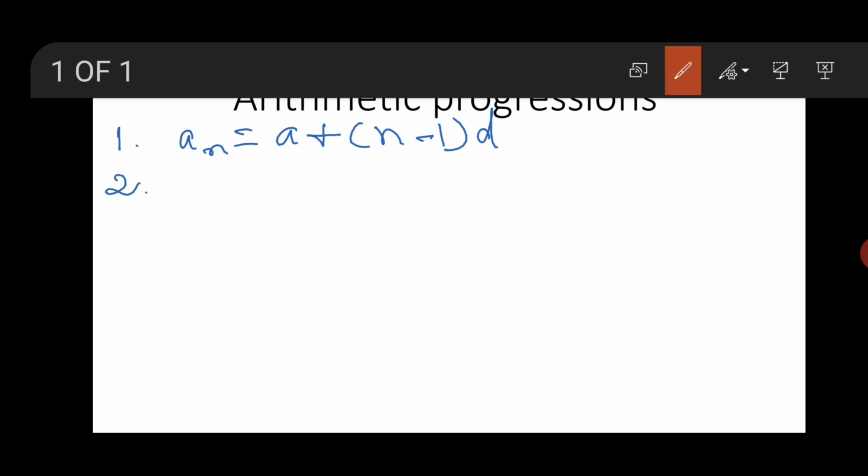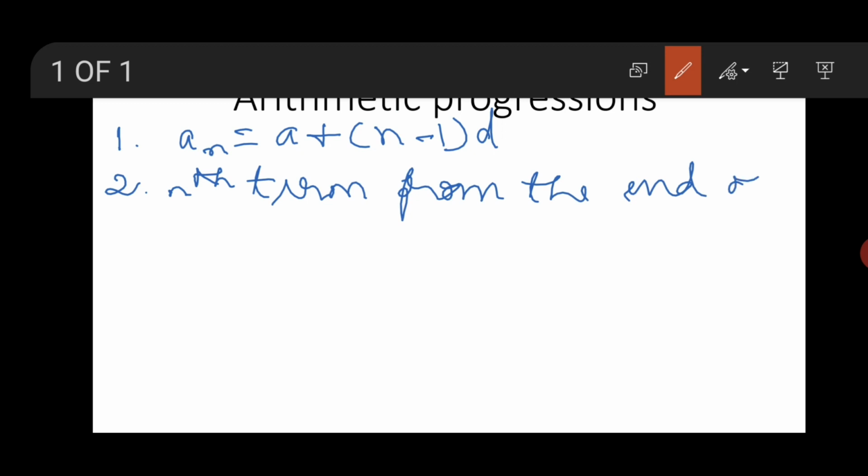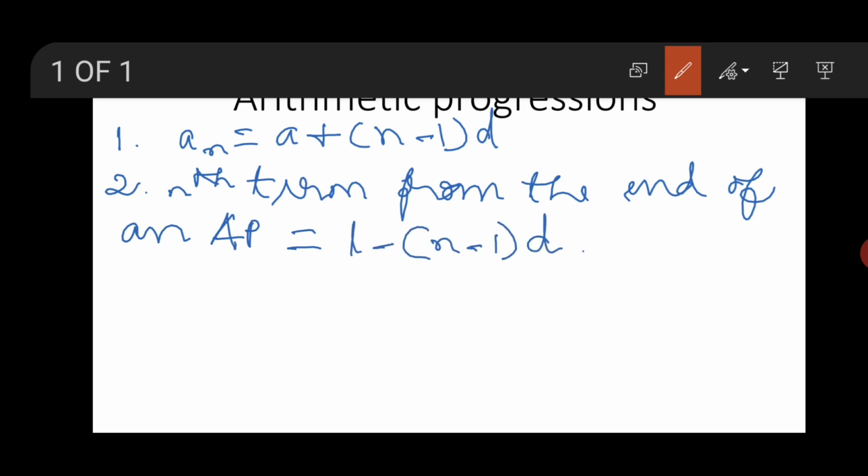Then, in the same way, we can find the nth term from the end of the AP, given by the formula L minus n minus 1 into D.